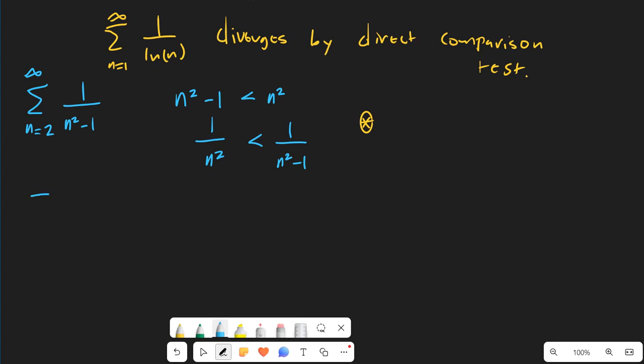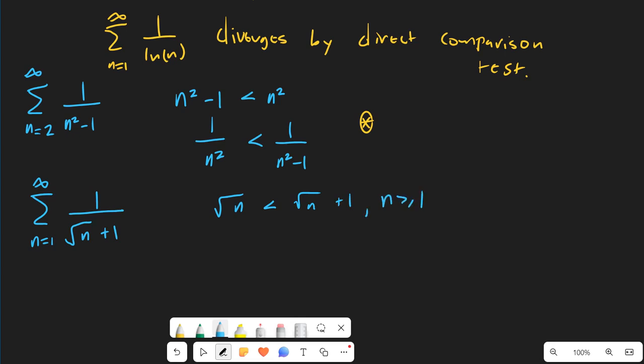Similarly, if you have, for instance, the series from n equals 1 to infinity of 1 over the square root of n plus 1, then for sure the square root of n is less than the square root of n plus 1, and this would work for n greater than or equal to 1.